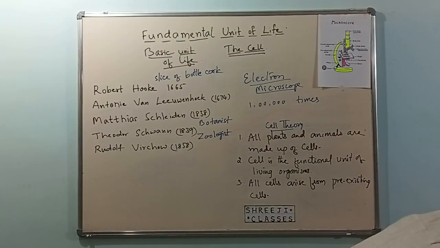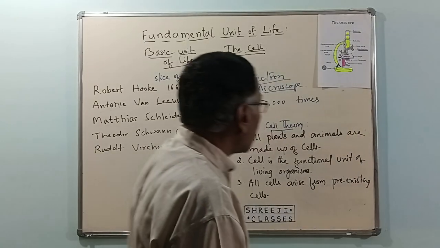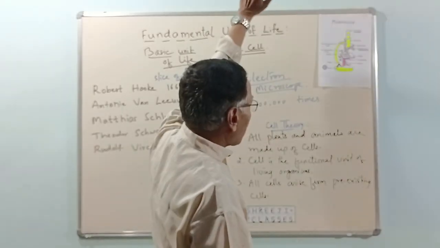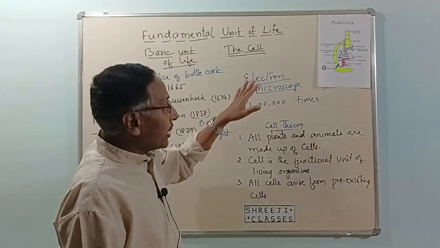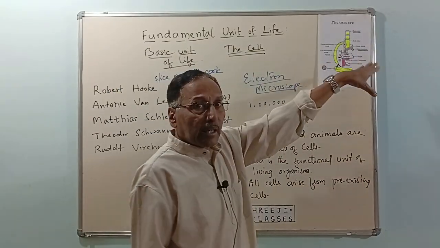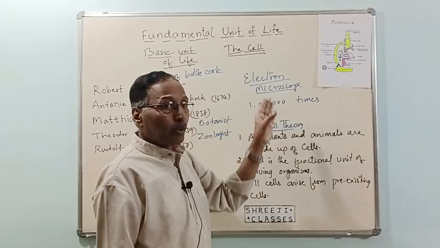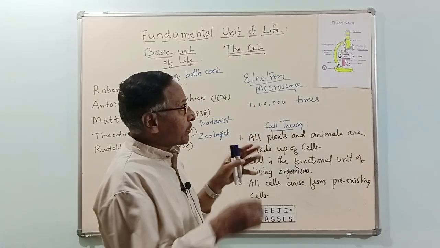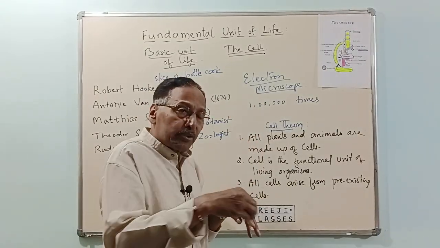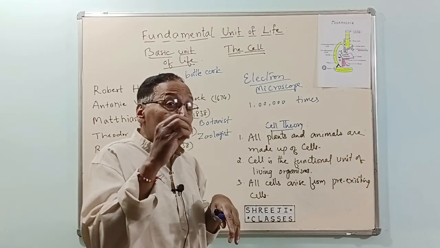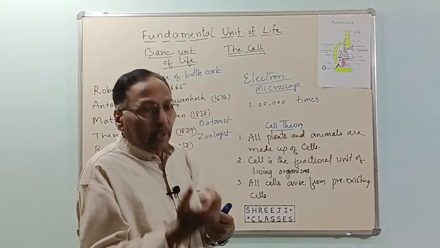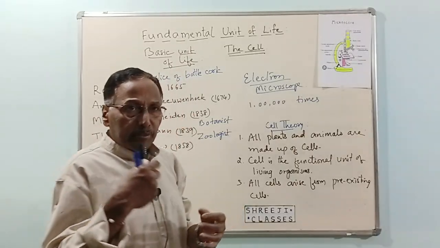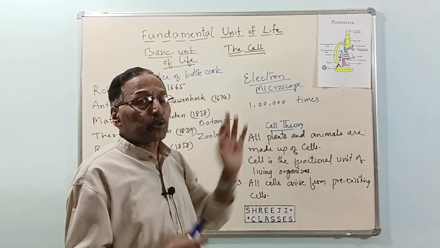One can be observing a cell under a compound microscope, and hundreds of times the size what we see in a compound microscope we can see in an electron microscope. That's why we came to know about what is inside: first we saw only the cell, but there are minute structures present inside the cell. Those were able to be studied because of the electron microscope.